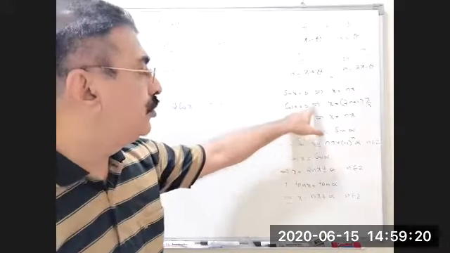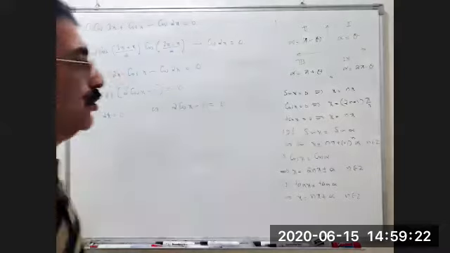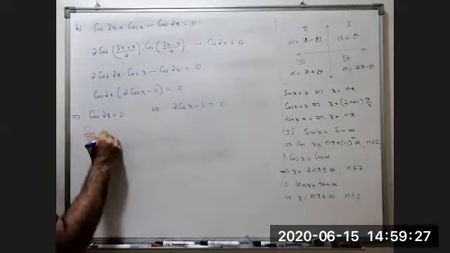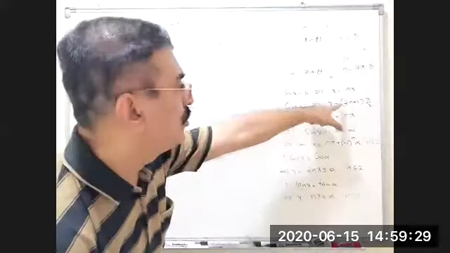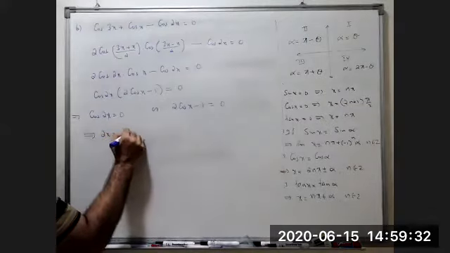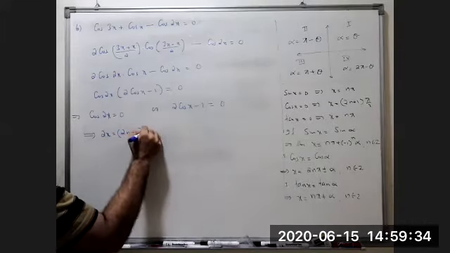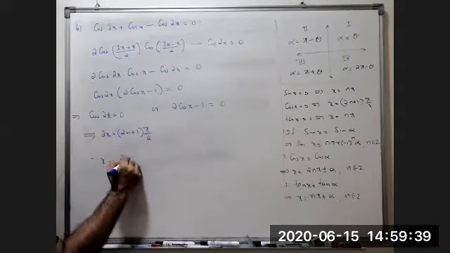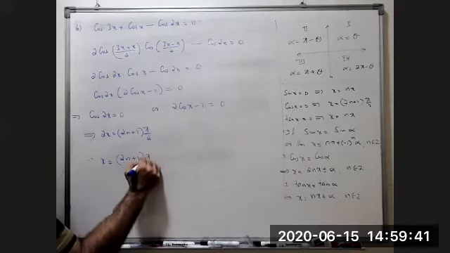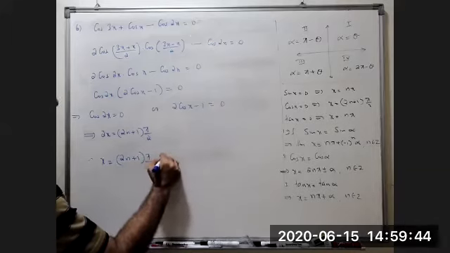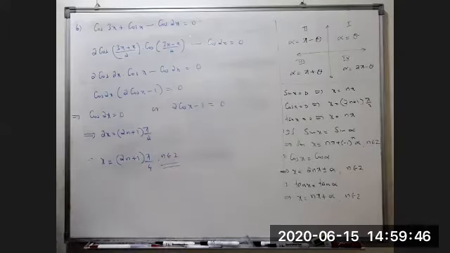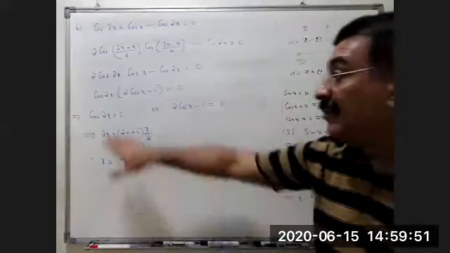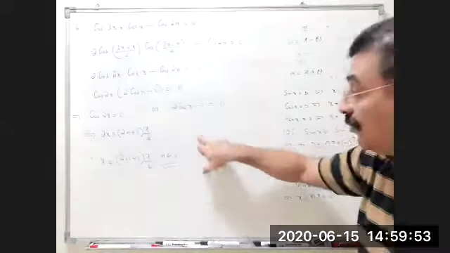If cos x is 0, x is (2n plus 1) pi by 2. So here, instead of x, 2x. So 2x is equal to (2n plus 1) pi by 2. Therefore, x is equal to (2n plus 1) pi by 4, n belongs to Z. This is the first general solution from one part. Now from this part.